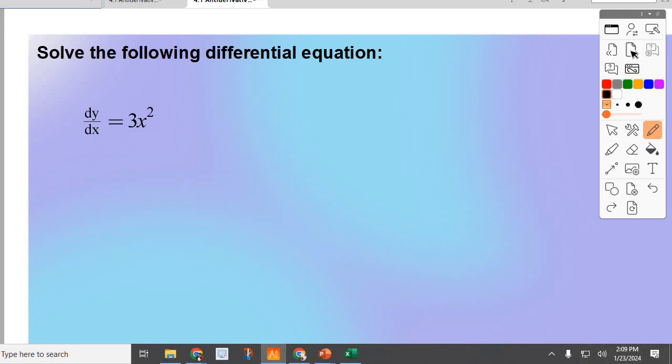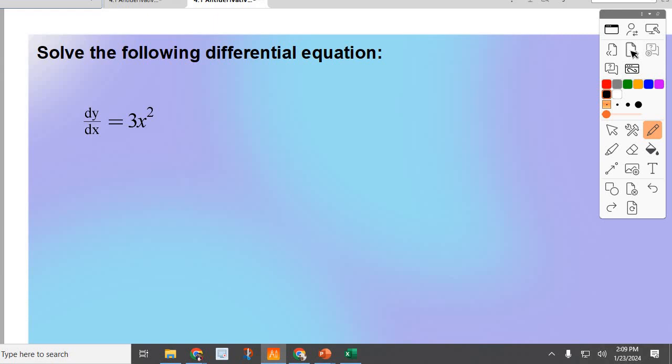I have a derivative, and where do I have a derivative? In an equation. So just like if I have a square root, we have to square both sides to solve for it. If I have a derivative, I have to take the integral, or the antiderivative, of both sides in order to solve for it.